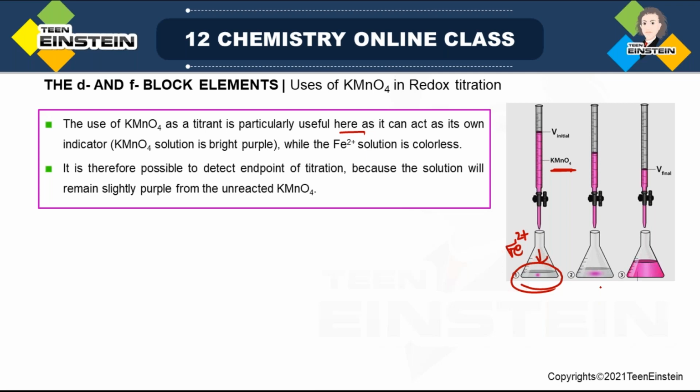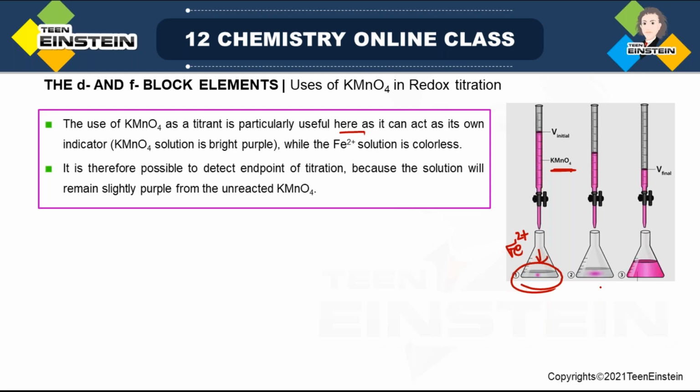So it is the self indicator. The titrant is doing two things simultaneously. One is that we are using it as a standardized titrant, and the second role is acting as an indicator also, because it has a specific color, and after reaction it is colorless.